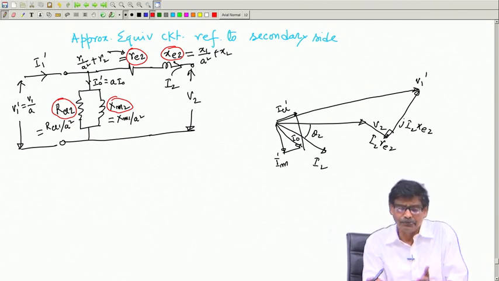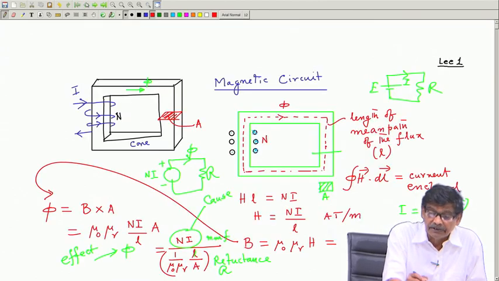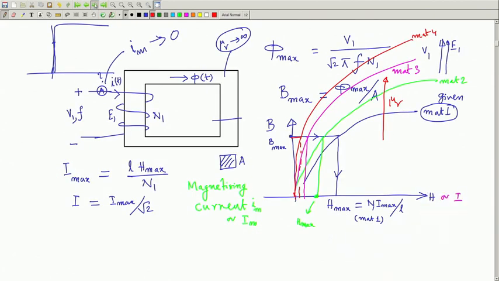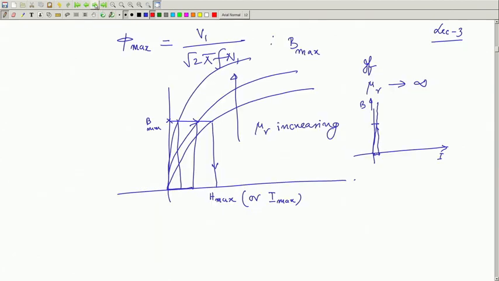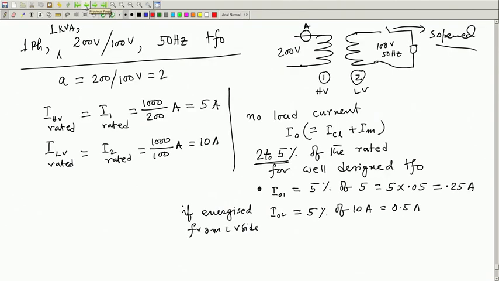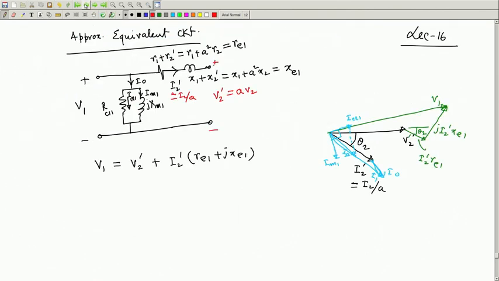On any side, if you know, the other side can be calculated. This is with respect to the secondary side I drew.